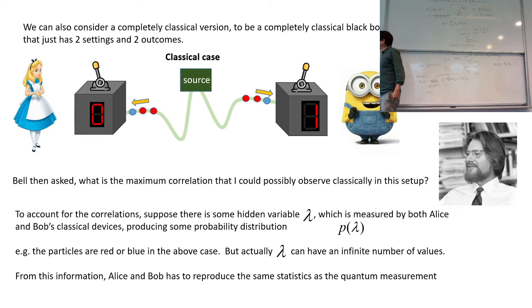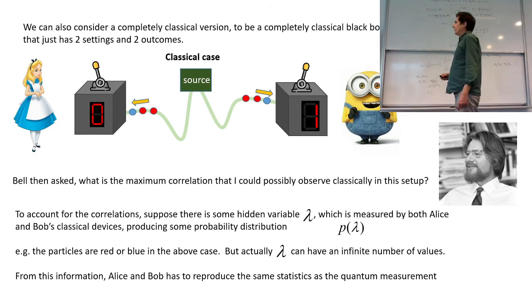Bell said, okay, let's look at this classical version of this setup. Now, what is the most amount of correlation that I could possibly observe with this particular setup? Boxes with two settings and outcomes, which are two variables. What is the most amount of correlations?